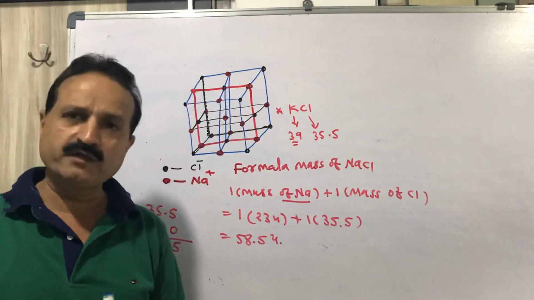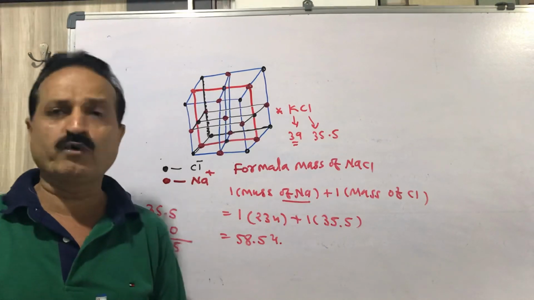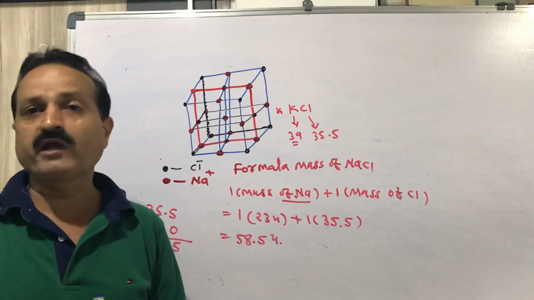So it is clear: if there is an ionic bond, it is formula mass, and if there is a covalent bond, it is molecular mass.